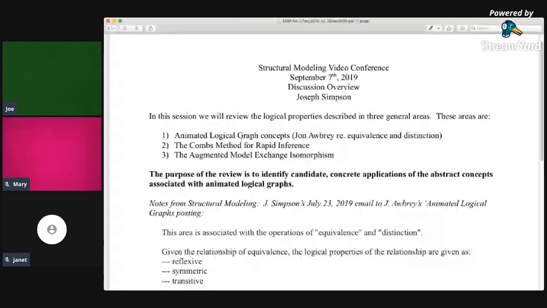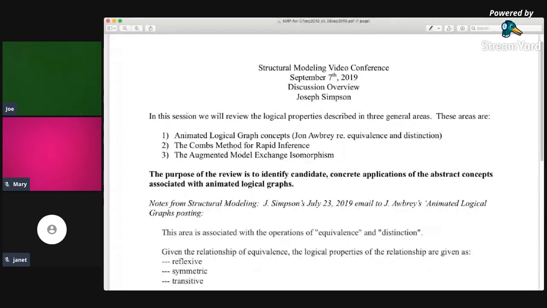I kind of stopped doing that in the middle of the summer, and I have some more time to get back and look at that. And kind of the points where we stopped there, we're looking at the idea of equivalence and distinction, and also the ideas of an arithmetic and operators that go with logical operations.